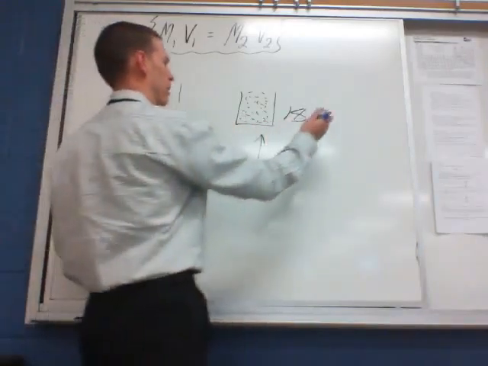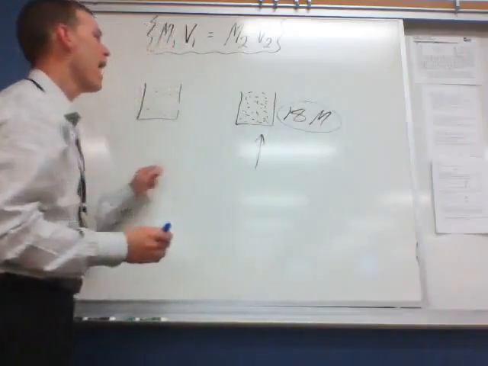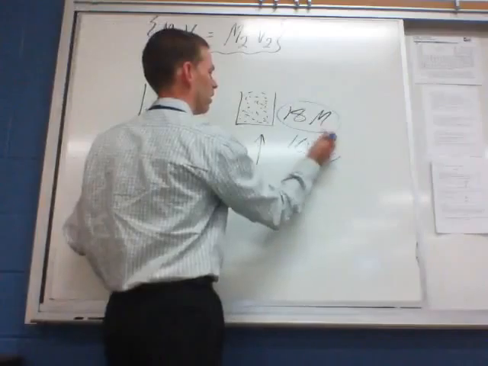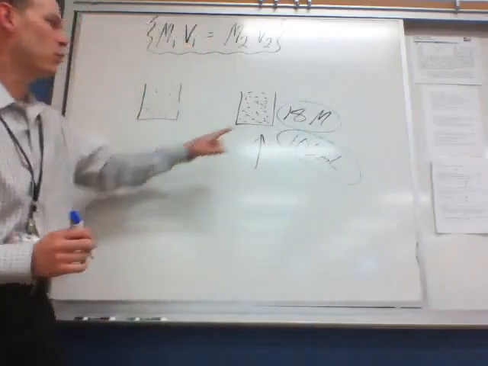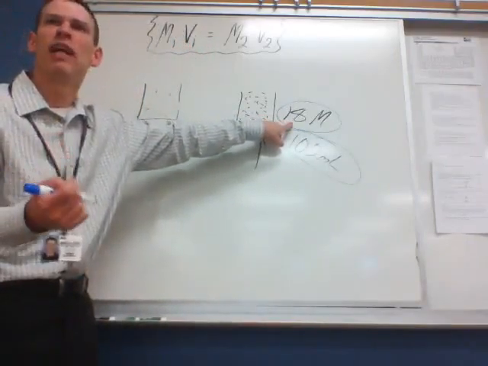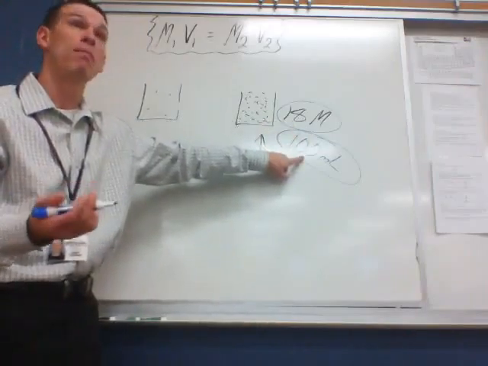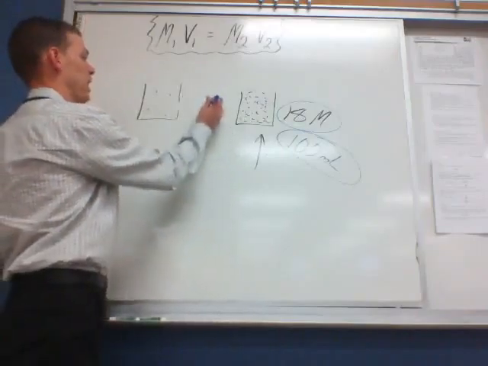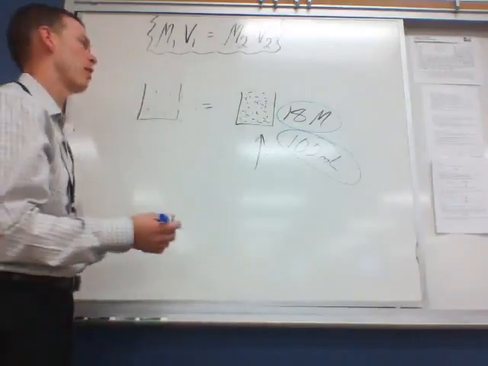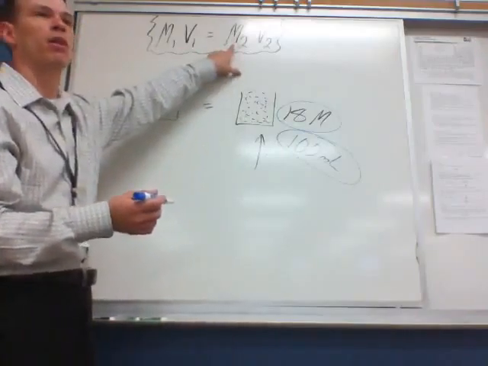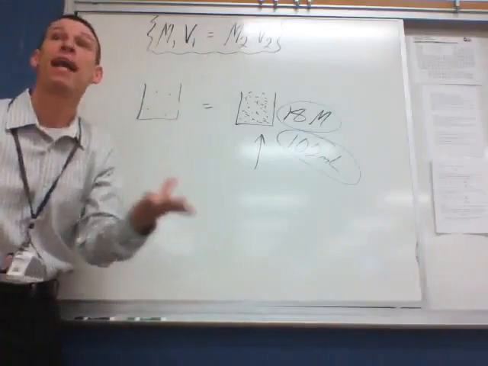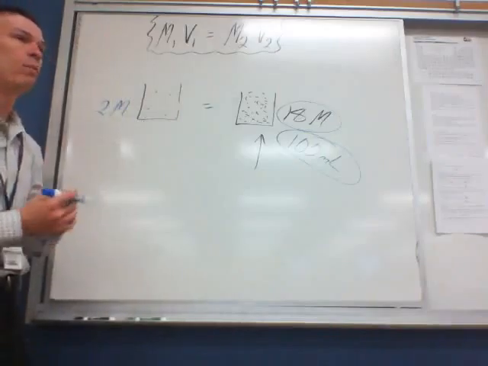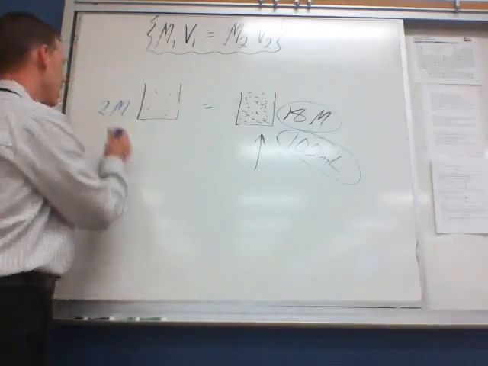So if I had a starting molarity, I gave you 18 molar, and a starting volume, let's say that there was 100 milliliters in there, this would be my M1, my first molarity that I start with, and my V1, my volume that I start with. And I can run a calculation here to figure out exactly how much water to add to make it a different molarity, the second, the ending, the final molarity, and we said 2 molar, for example, would be something that I would give you in lab.